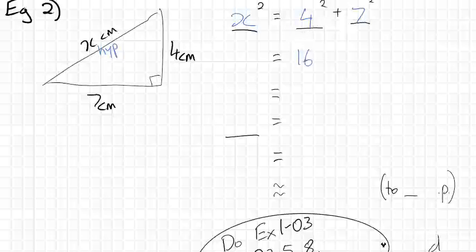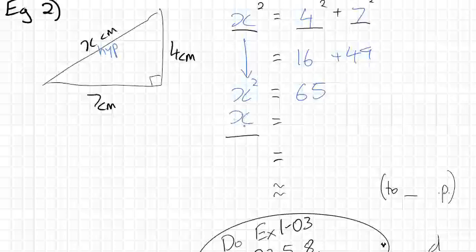So 4 squared is 16. 7 squared is 49. It doesn't matter. Again, your calculator could jump straight from here to our most simple format possible. But that is 16 plus 49, which is 65. And then, well, we know x squared is 65, because remember that's the same up to here until we write something else on the left.